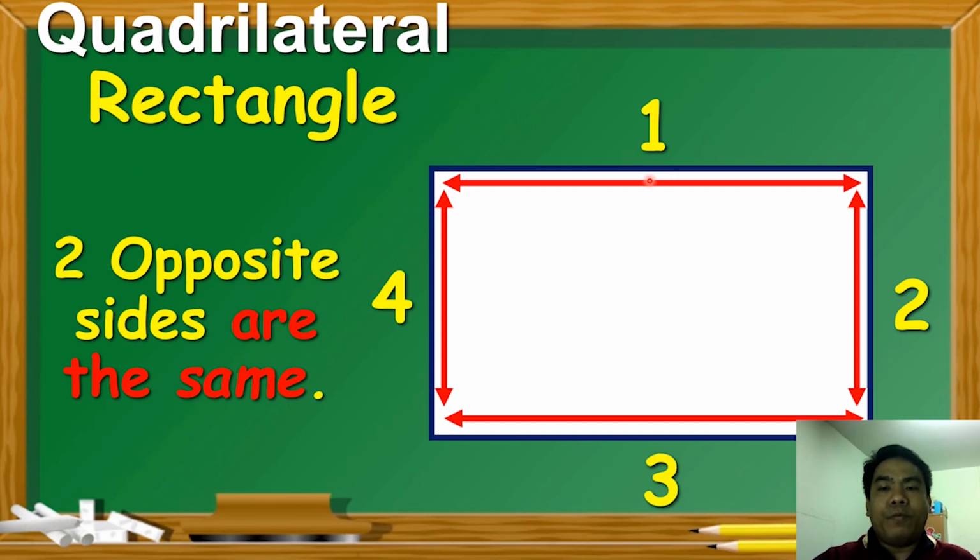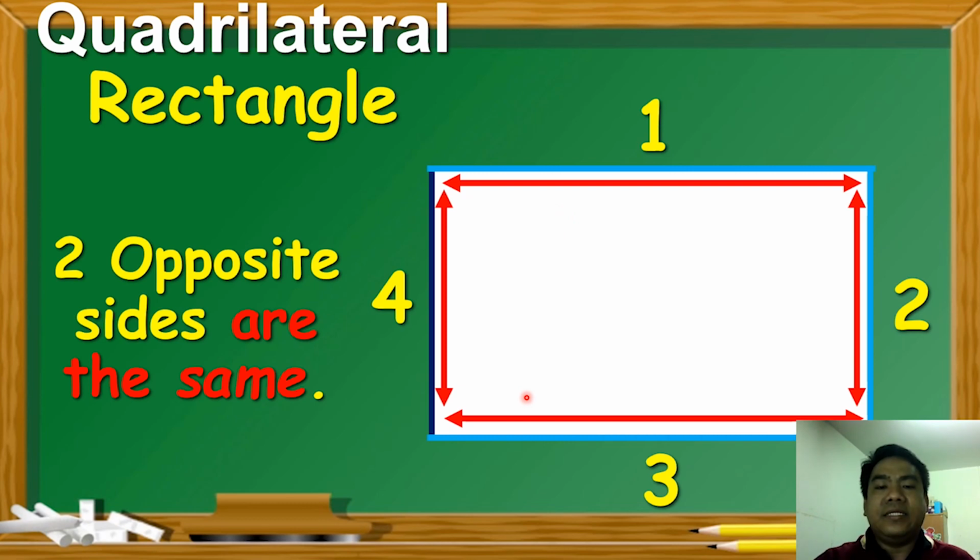So side 1 and side 3 are the same, while side 4 and side 2 are the same.